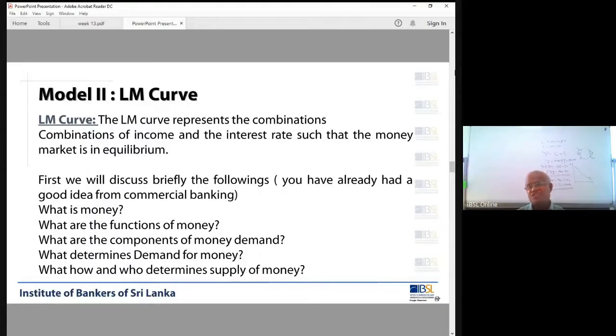Then they take decisions and announce that next week or next month they will increase or decrease the repo rate, change the reserve ratio, or change the bank rate.